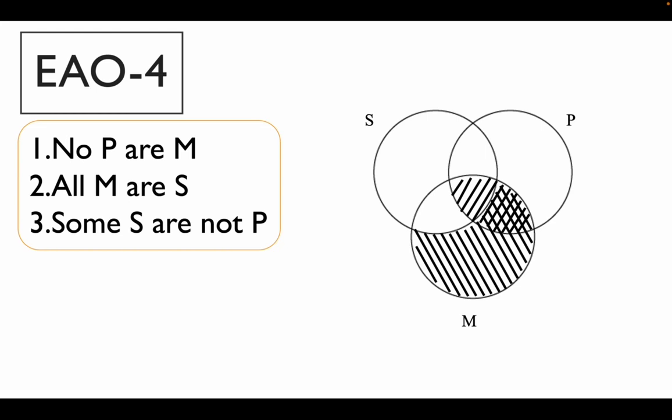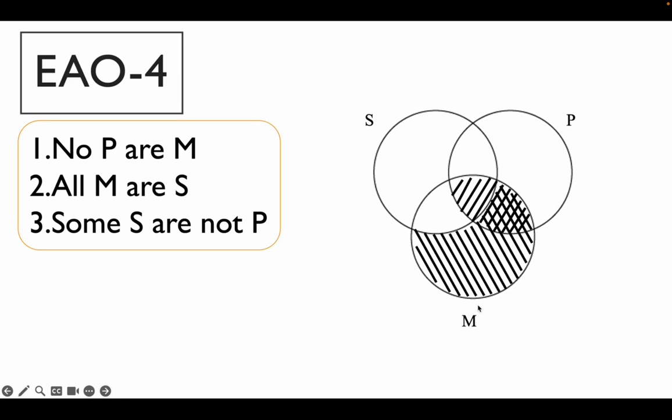Now, the question is, is this syllogism conditionally valid? Well, let's see. What if the entities in the S category exist? Can I make an existential assumption? No, because there's more than one place. There are 1, 2, and 3 places. What about P? Can I make an existential assumption? No, because there are 2 places, one here and one here.